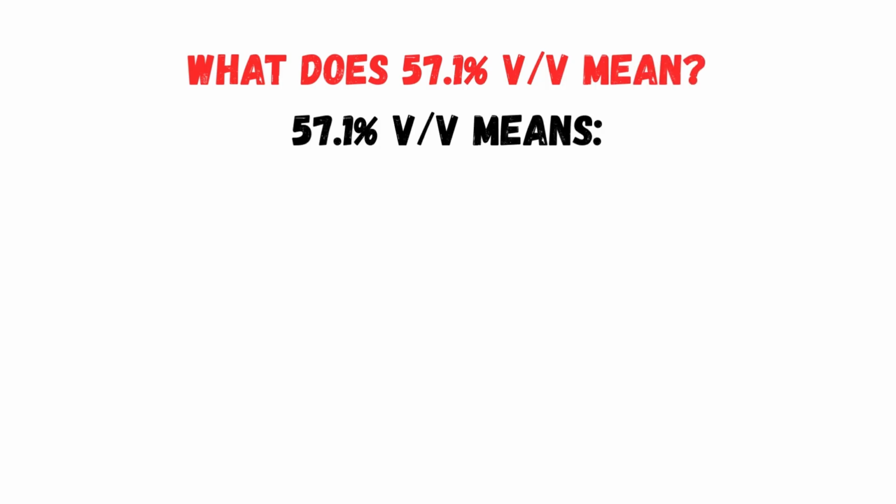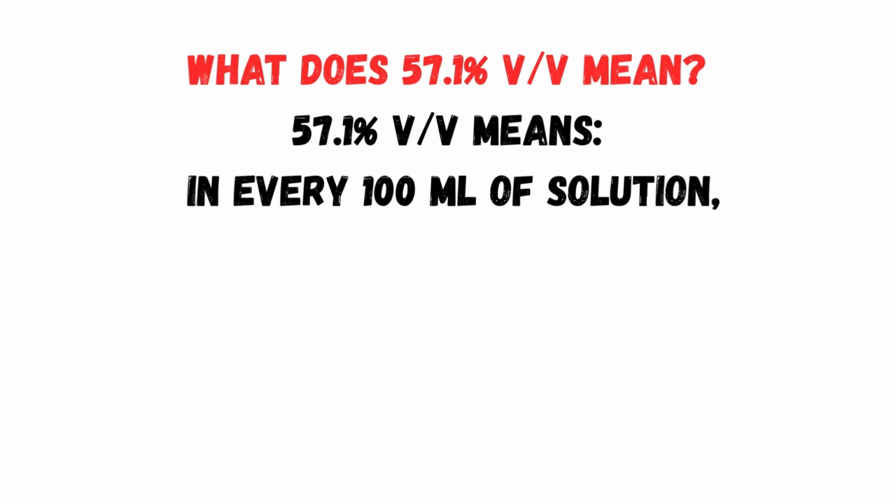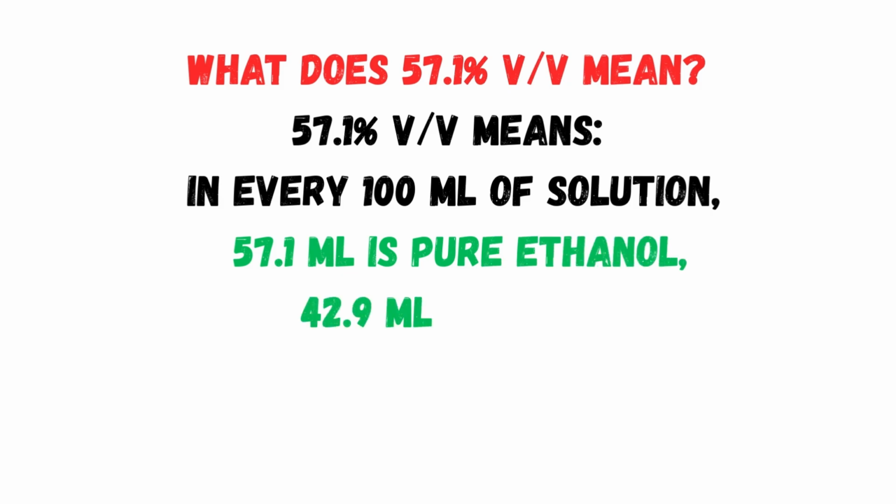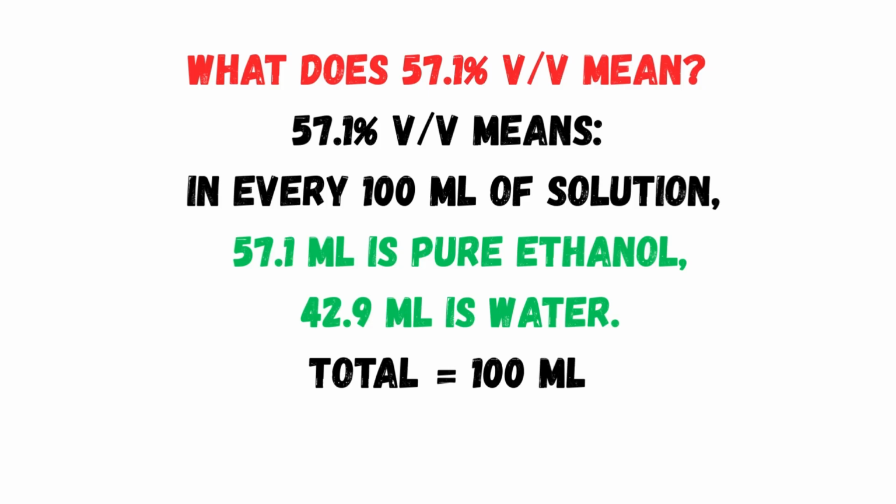So what does 57.1% volume by volume mean? For example, if there is 100 ml of proof spirit solution, in that 57.1 ml is pure ethanol and the remaining 42.9 ml is water.